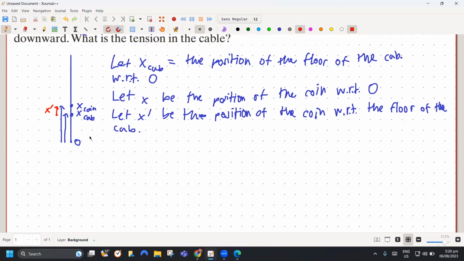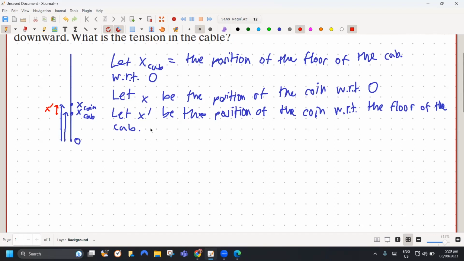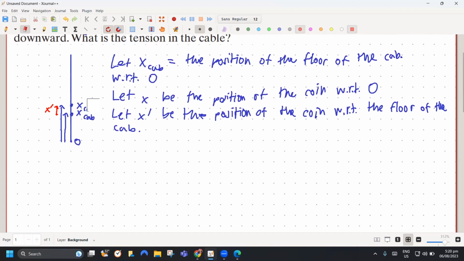Hindi natin dinefine yan. Ang ginamit natin ay X, walang subscript. So pakibura yung subscript ng X coin sa diagram mo. So X lang yan. Yung X, yan yung long arrow. Yung X cab, yan yung shorter arrow. Yung X prime, yan yung shortest arrow.